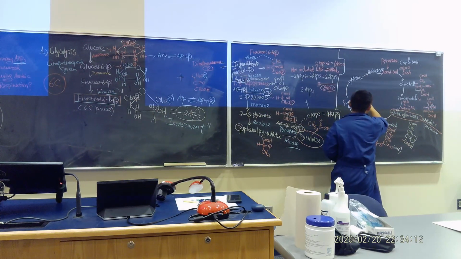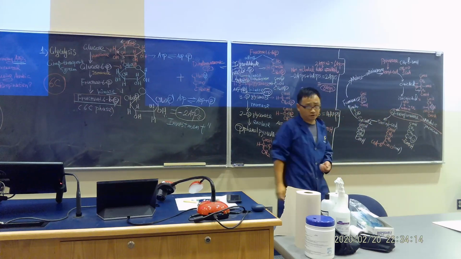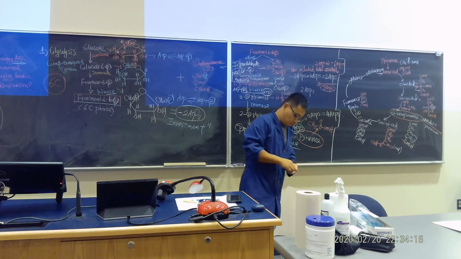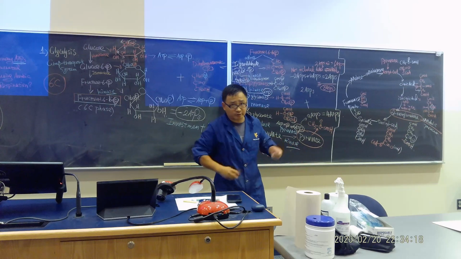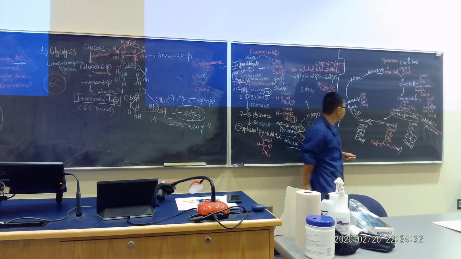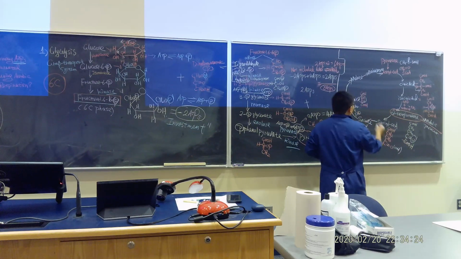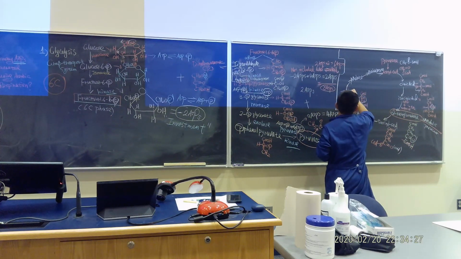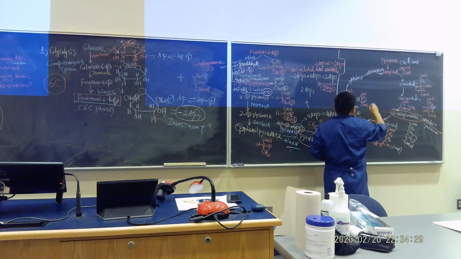Whenever you see a double bond in the middle, it is not stable. Even in food processing, double bonds are not stable. They always try to put something back. What are they going to do? Add water. So if you add water here, what will the molecule become?